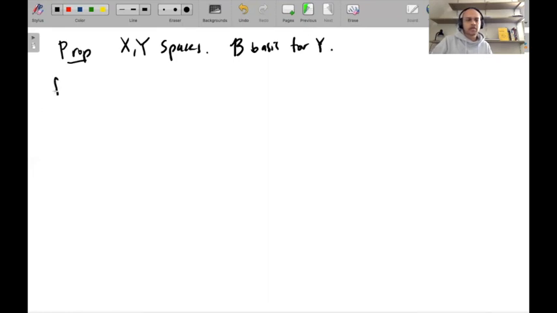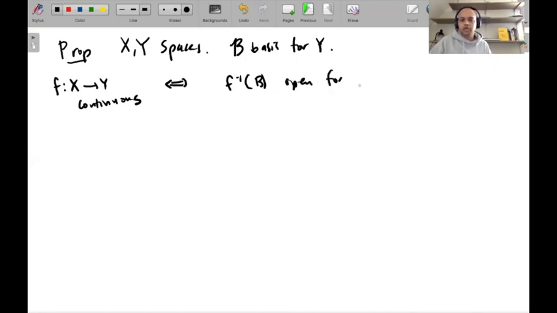Then F from X to Y is continuous if and only if the preimage of any basis element is open. So F inverse of B is open for B in this basis. We don't need to check on every open set. It's enough to just check on the basis elements.